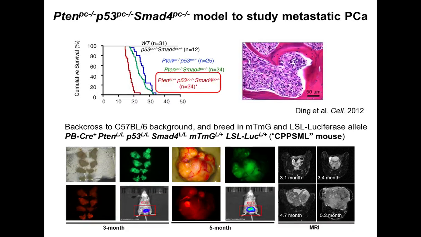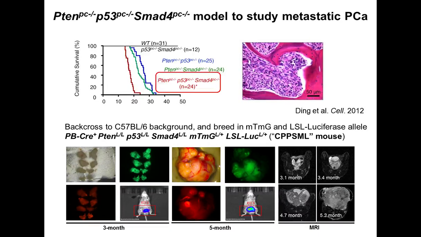And the luciferase allele allows us to specifically monitor the progression of the prostate tumor using non-invasive luminescence imaging. And we also optimized an MRI imaging approach that we can use to quantify the tumor volume. So we optimized all these techniques with this so-called triple knockout mouse model.